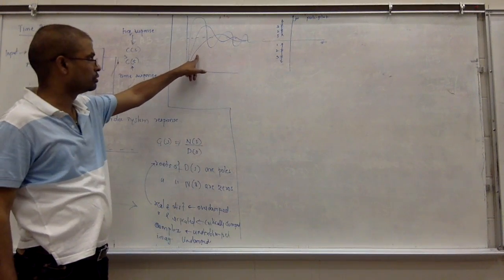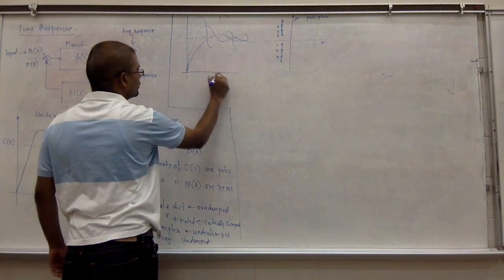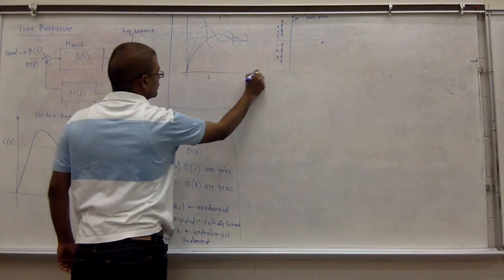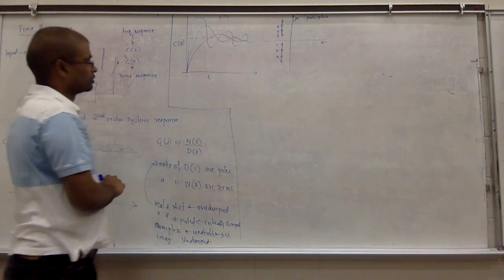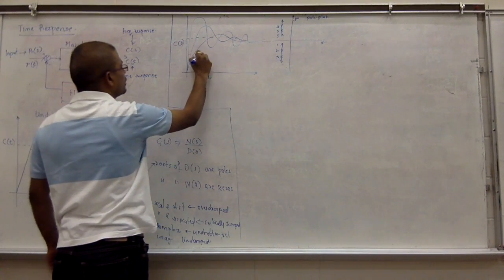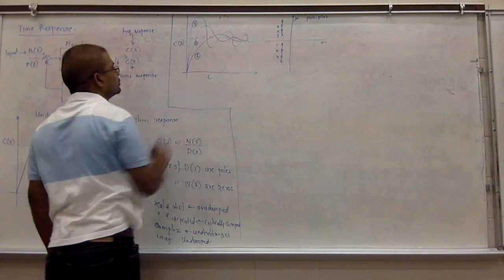So system 1, you have to look at the characteristics. Again, this is simply E. This is C of T. This is system 1, system 2, system 3.